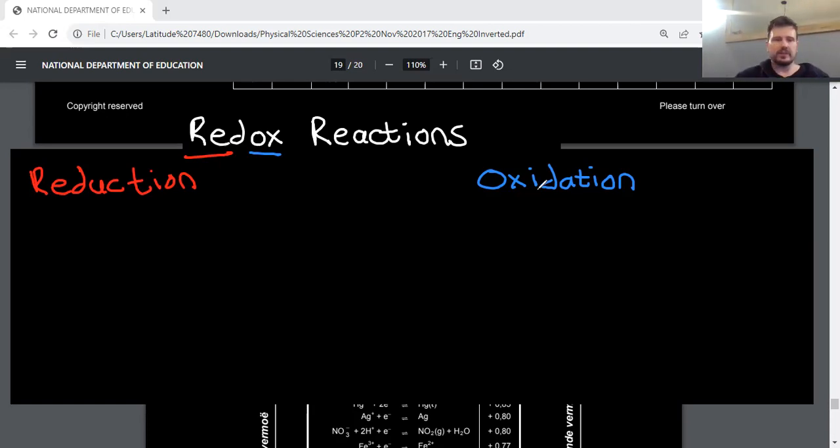The first thing is reduction and oxidation. There's a couple of things we have to remember. The main one is that oxidation and reduction deal with loss or gain of electrons. Whenever we have these reactions, electrons are the thing that move. Our protons and neutrons stay in the middle of the atom, but our electrons can be transferred.